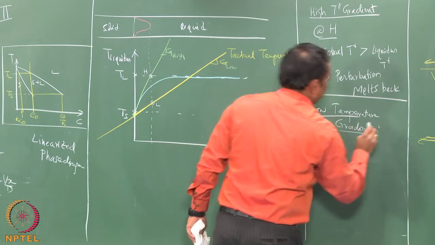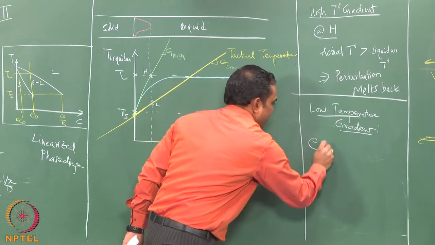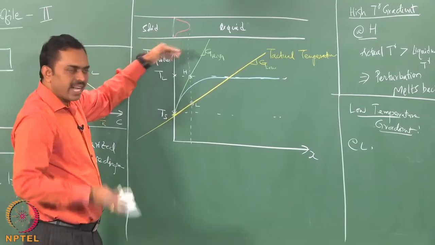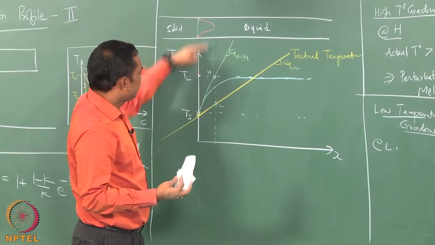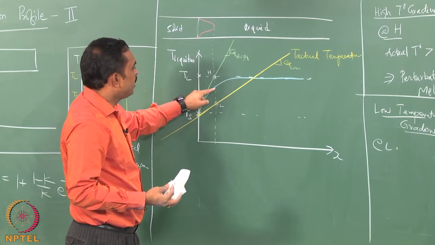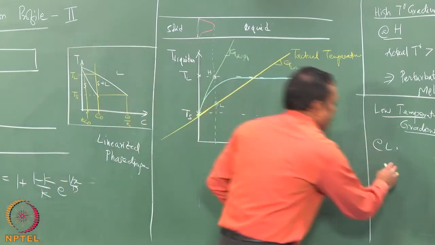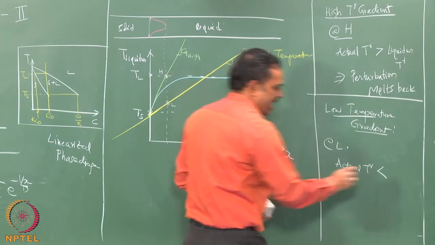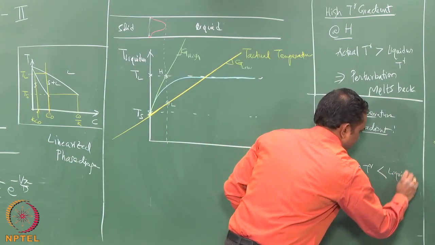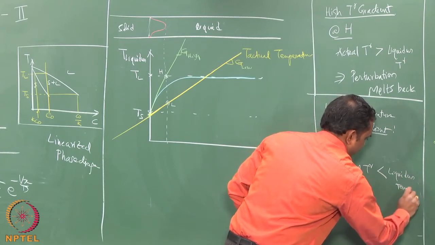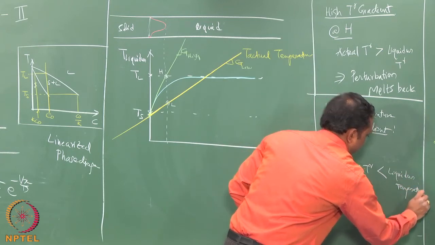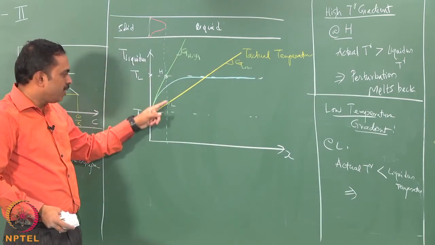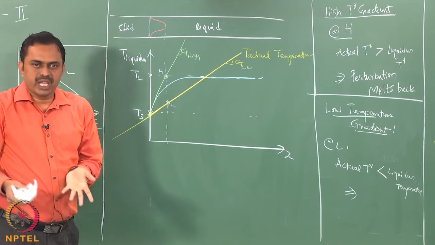If it was a low temperature gradient, you can inspect what happens at L. You can see at L the bump, accidentally, the perturbation has found itself at a temperature which is below the liquidus. So, we can see that the actual temperature is less than the liquidus temperature, which means the bump is finding itself at a temperature below liquidus, and below liquidus you are supposed to have solid growing.